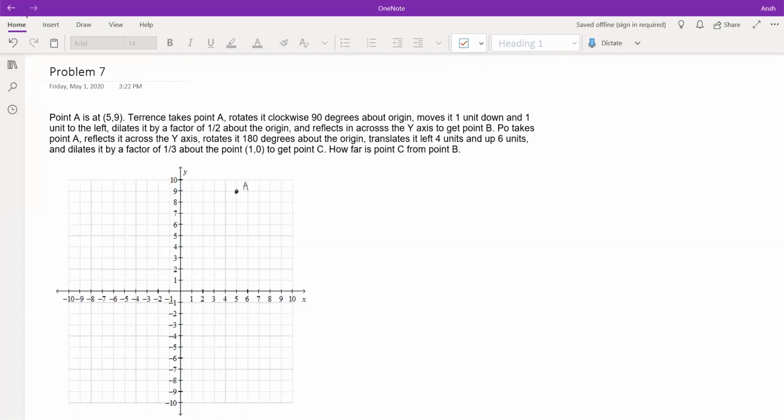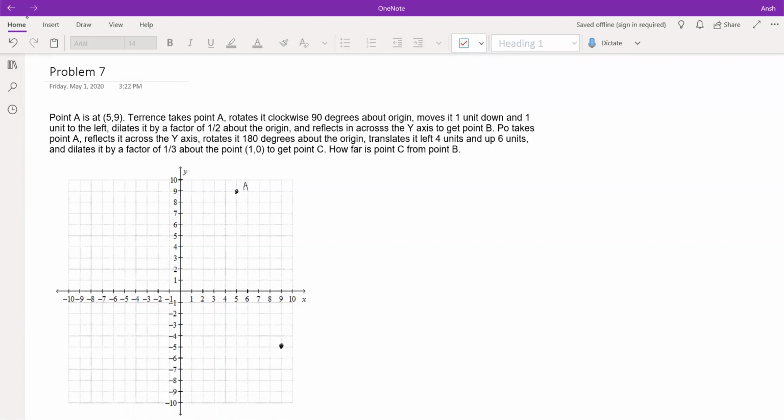So Terence takes point A and rotates it clockwise 90 degrees about the origin. So using our formula for 90-degree rotations, rotating it clockwise 90 degrees is the same as rotating it 270 degrees counterclockwise. And using that formula, we get (x, y) goes to (y, -x).